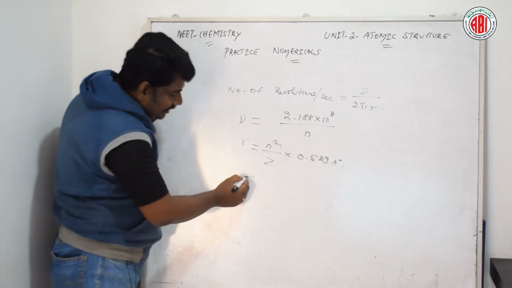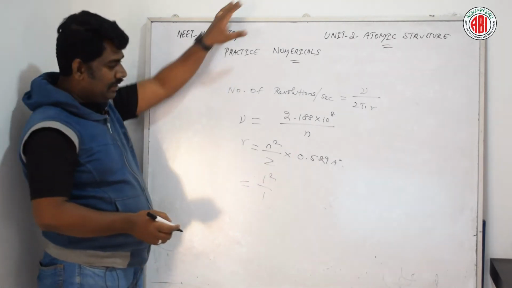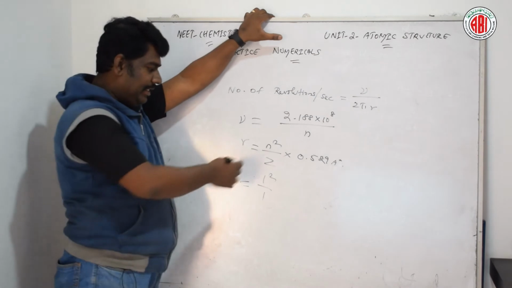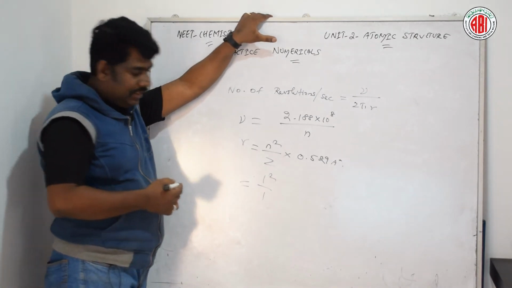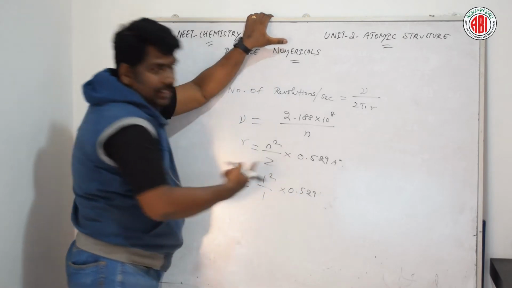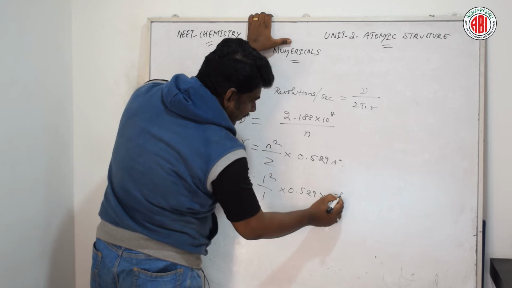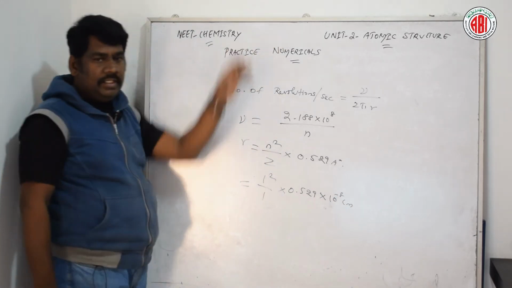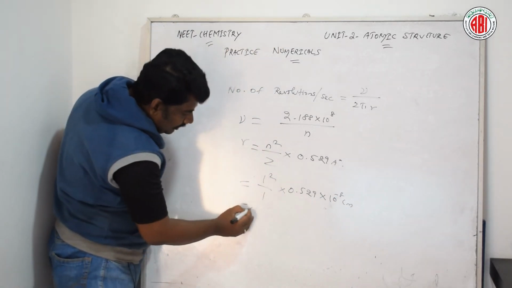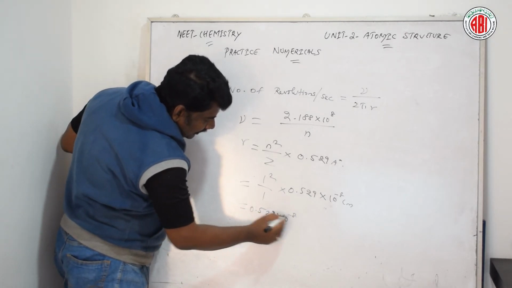That means 1 square by 1, n square value 1 by z value, that is hydrogen-like atom 1, into 0.529 Armstrong, converting into centimeter, 10 to the power of minus 8 centimeter. Simplifying this, we could get 0.529 into 10 to the power of minus 8.